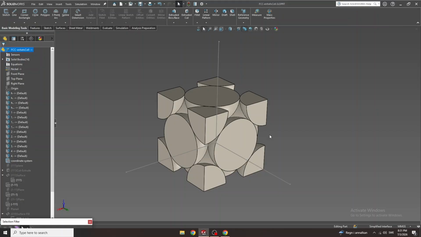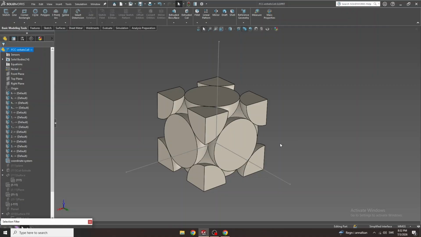This means that about 74% of the unit cell volume is occupied by atoms, and the remaining 26% is empty. This high packing efficiency is one reason why FCC is considered a close-packed crystal structure.